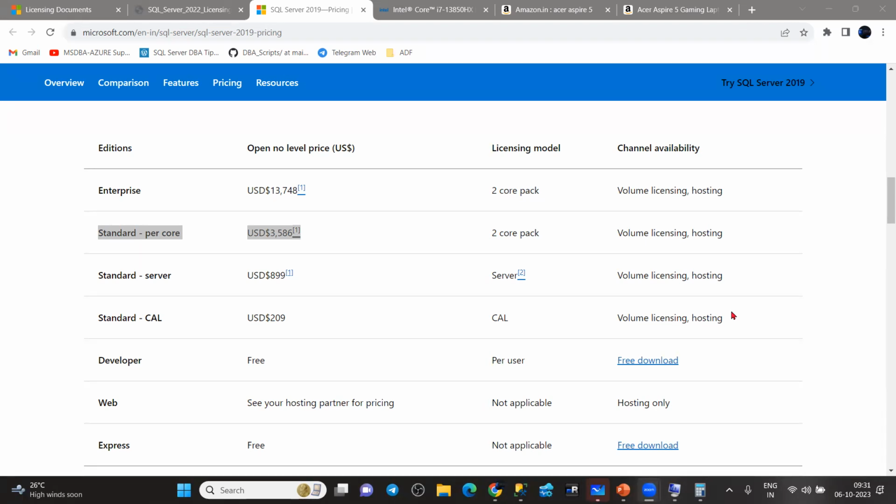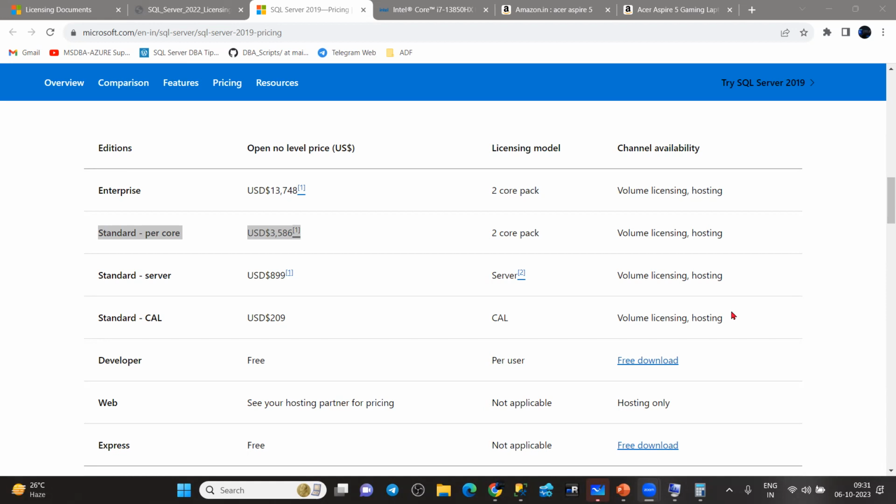So this is how Microsoft is charging. Is this fixed? No, not at all. Your application team knows how much amount they are paying to Microsoft. Microsoft will come to your office and audit.